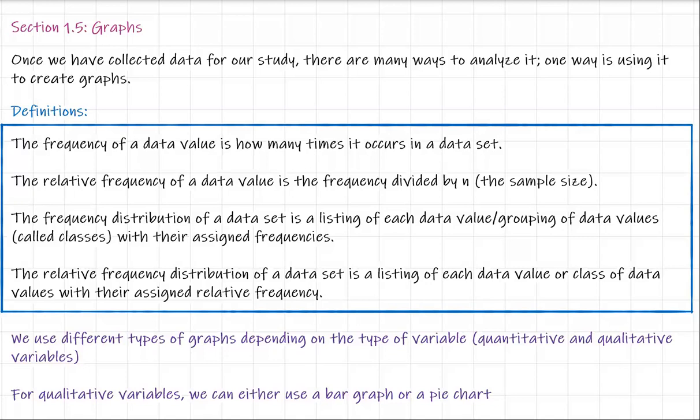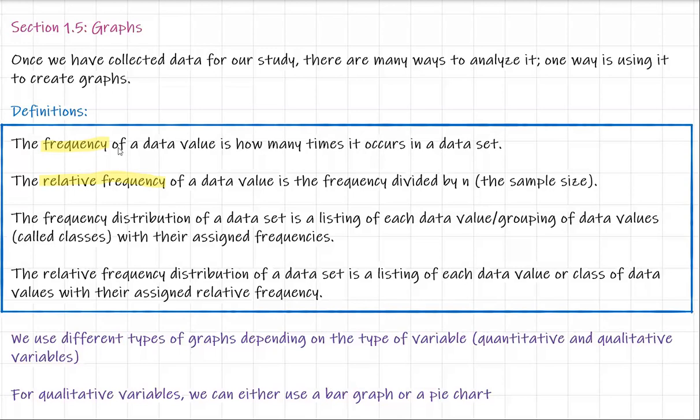So some definitions to kick this section off. We're going to talk about frequency and relative frequency quite a bit here. The frequency of a data value is how many times it occurs in a data set.